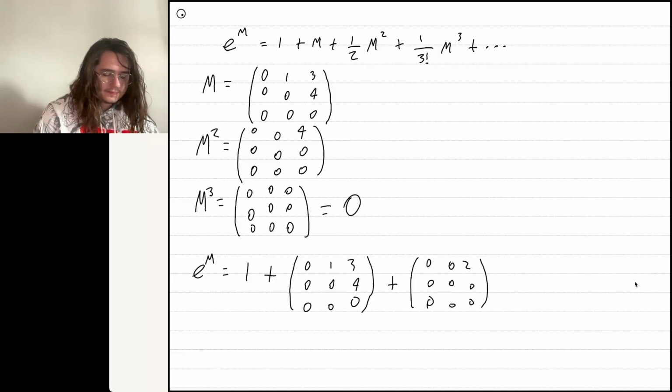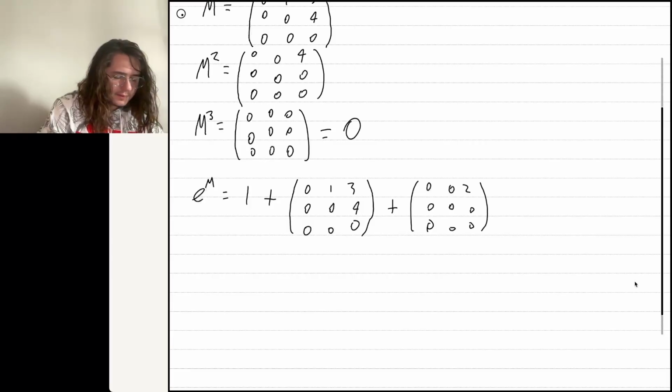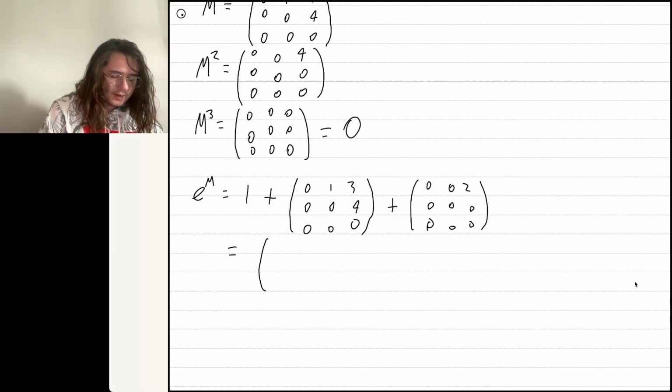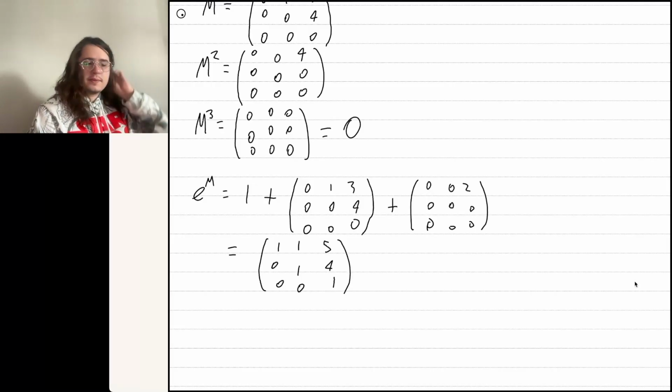If you add all those up, then you get 1, 1, 1 from the identity element, but then also 1 here from the original matrix. 2 plus 3 makes 5, so 5 here, but then 4 here from the original matrix, and the rest is zeros. Right, that's kind of funky, that the exponential of that matrix gives you that.